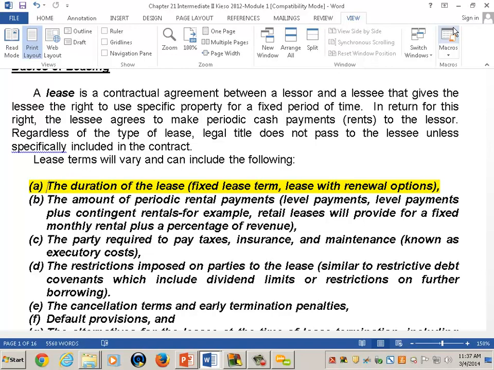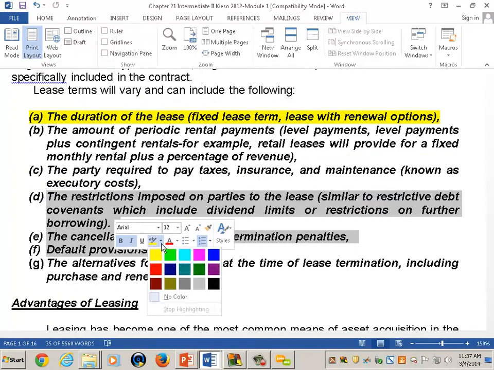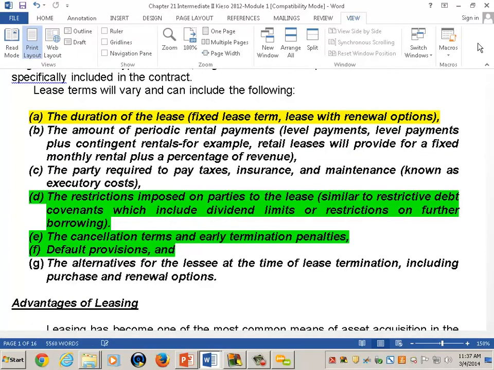Okay. Now the next three, when we look at these three, let me just color that up for you. Okay. So if we look at the items in green, they are the same as some of the provisions we saw in the debt contracts in Chapter 14. Remember the bond indenture or the debt contracts? Lease contracts can in fact be the same as debt.